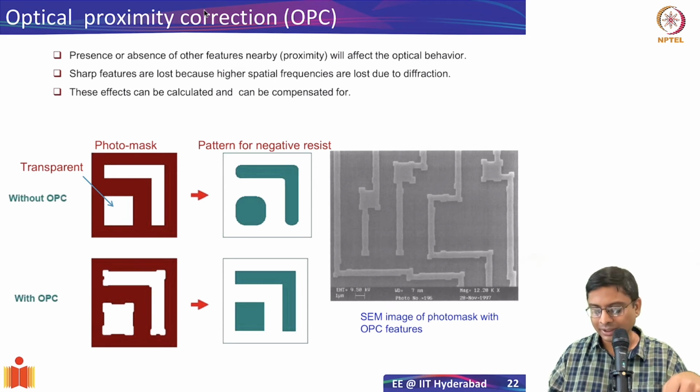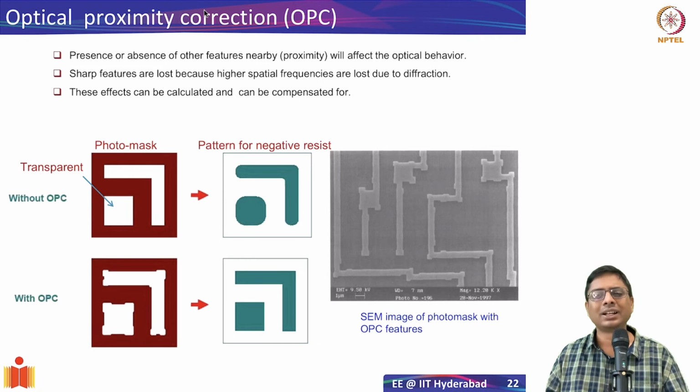So what is happening? These sharp edges are getting lost, right? So I'll try to make them larger so that more light passes through and I get my image exactly what I desire. So this process is known as optical proximity correction. I can try to avoid some of these small details which are close to the edges, okay? And there are some more things we can do anyway.